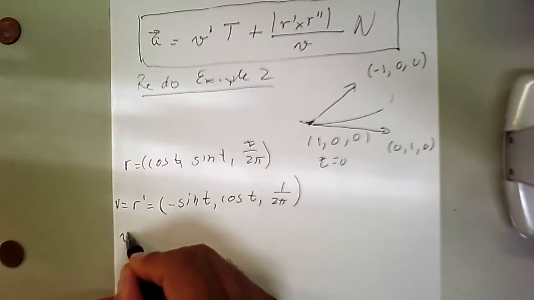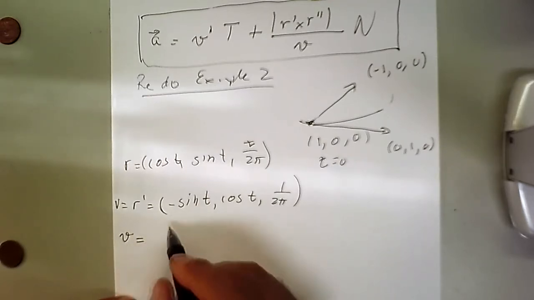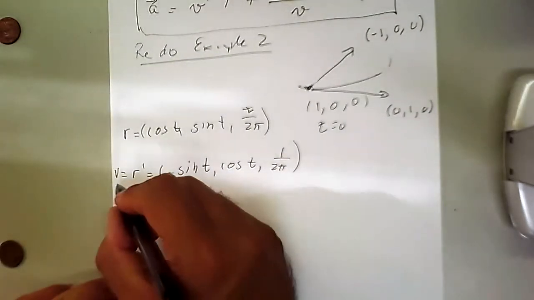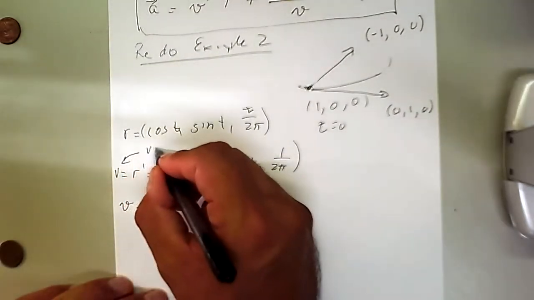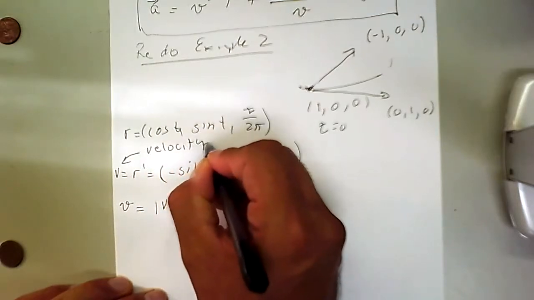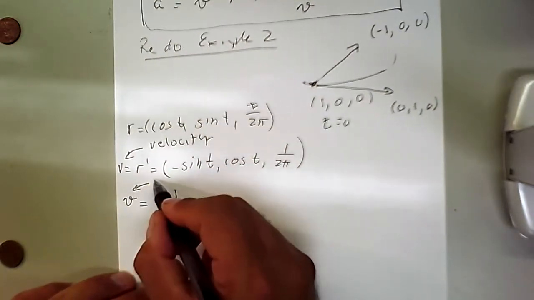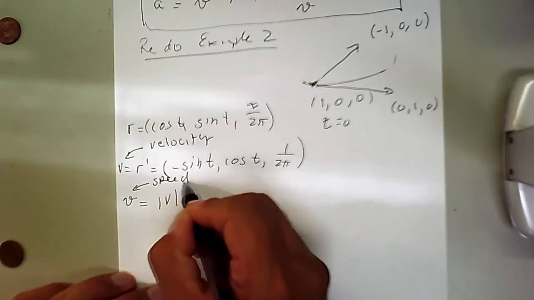The velocity, I'm sorry, I keep saying it, so v by itself is the velocity. Script v, which is the magnitude of the velocity, is the speed.